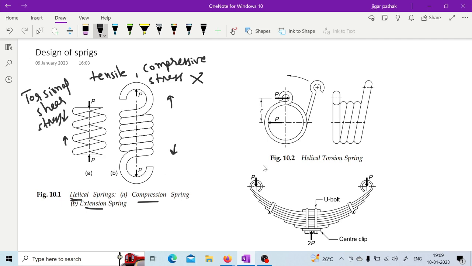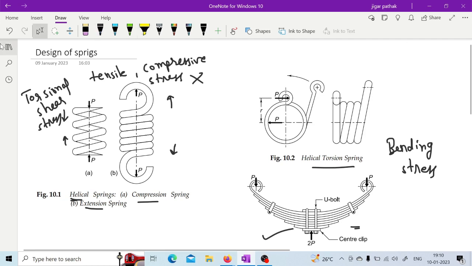While if we go for this helical torsion spring or this leaf spring, which you may have seen in trucks and their suspension systems, in both these cases the spring element is going to experience bending stress. The master leaf of this leaf spring or this helical torsion spring is going to experience bending stress. So this is how the different types of springs and the nature of stress experienced by them are.